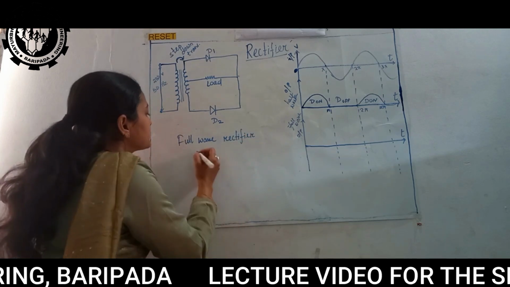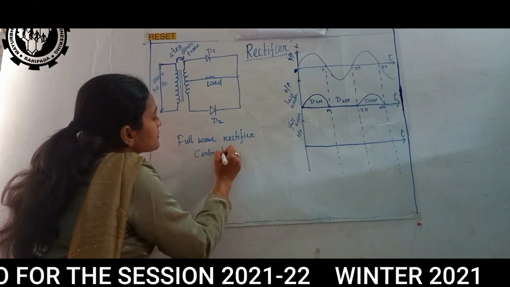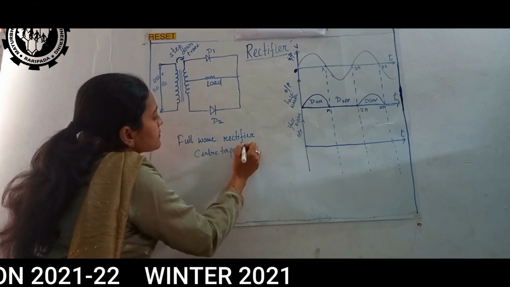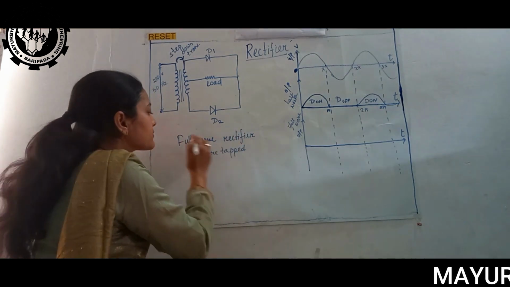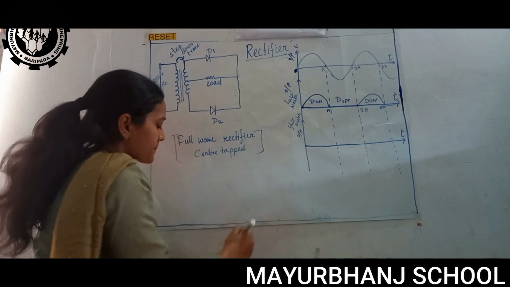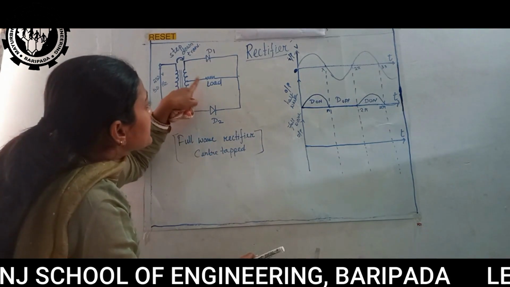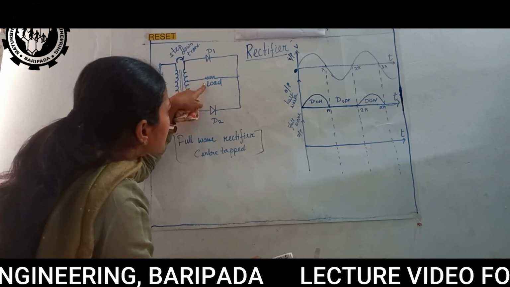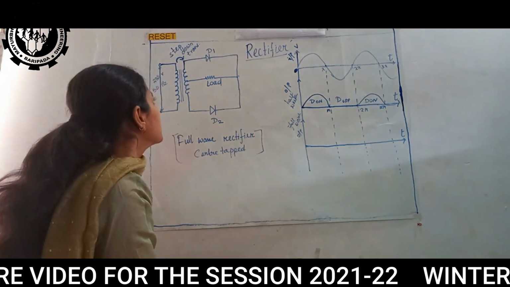Center tapped. Center tapped full wave rectifier you can write, or you can write full wave rectifier with center tap. Here also we are taking a resistive load, that is R. Two diodes we are taking, one is D1 and another one is D2.